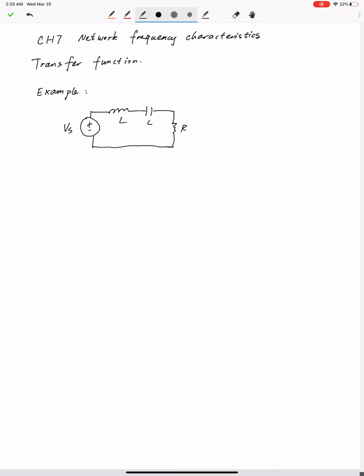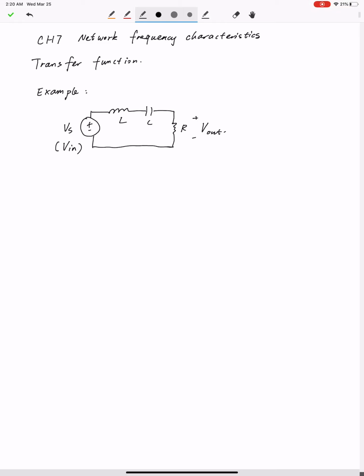We can define the voltage on the voltage source as Vin, which is the input voltage, and we can define the voltage on the resistor as Vout, which is the output voltage. And then the relationship of Vin and Vout is defined as the transfer function.